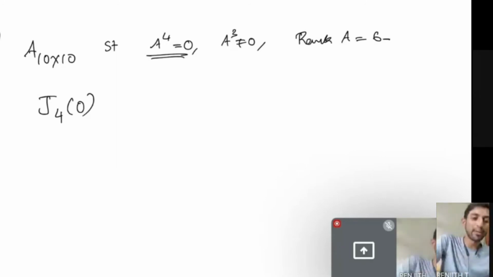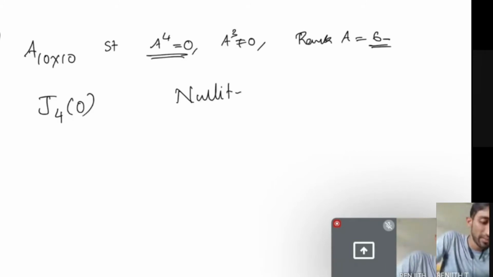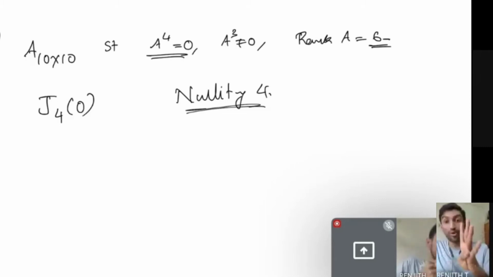Rank of A equal to 6 means nullity will be 4, so there should be 4 Jordan blocks. One Jordan block of order 4, and 4 Jordan blocks in total must be there. So this is the only information we have, and with this we have to figure out all the possible forms.